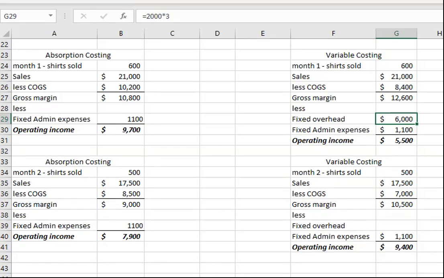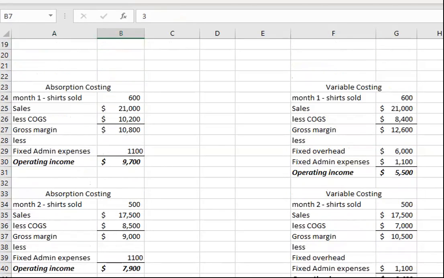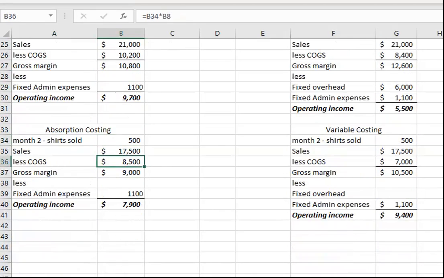The expense of this fixed overhead went into the cost of these shirts. This fixed overhead is in with each one of these shirts. And so when we sold these 600 shirts, we recognized this expense when we sold them. Then when we sold these 500 shirts, we recognized the portion of that expense in this month.